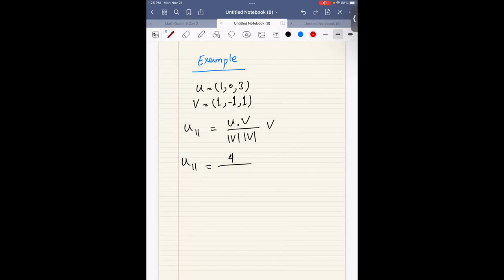So let us finish this. You have square root of 3 times square root of 3, which is just 3.